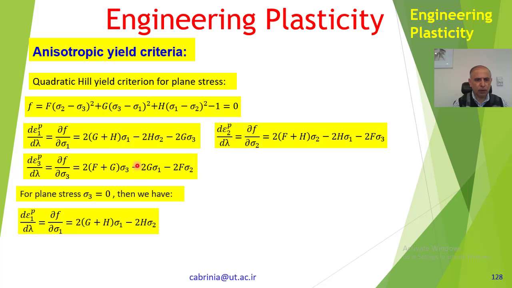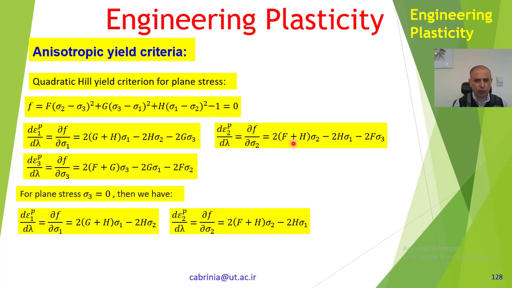So if in these equations we just put sigma 3 equal to 0, we get here 2g plus h, sigma 1 minus 2h, sigma 2 for the partial derivative of the yield function relative to sigma 1. Similarly, for the partial differentiation of the yield function relative to sigma 2, we simply put sigma 3 equal to 0.